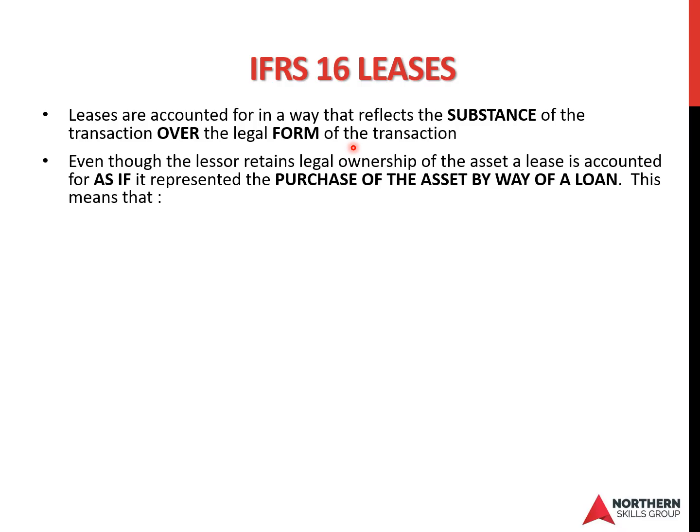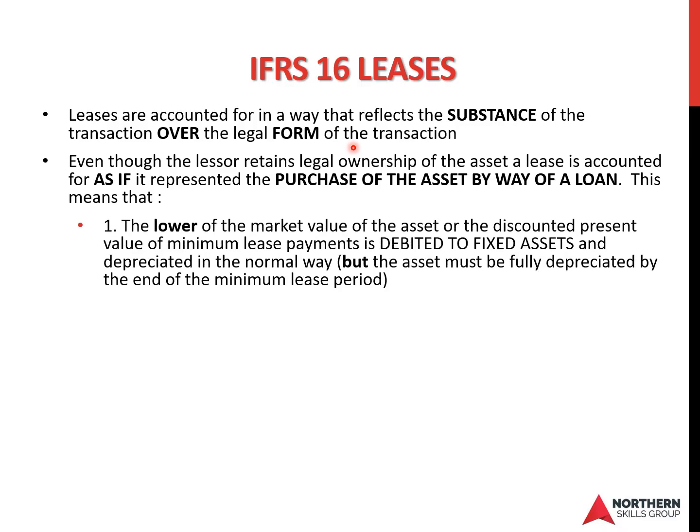And for accounting, that means that firstly, the item being leased is included in non-current assets, and it's included, as stated here, at the lower of two figures, either the market value of the asset, what you'd have to pay for it if you bought it outright, or the discounted present value of the minimum lease payments.